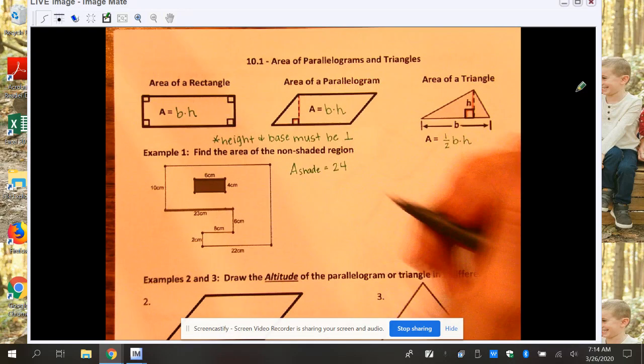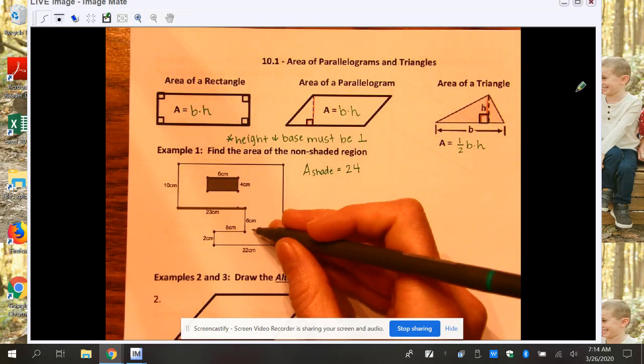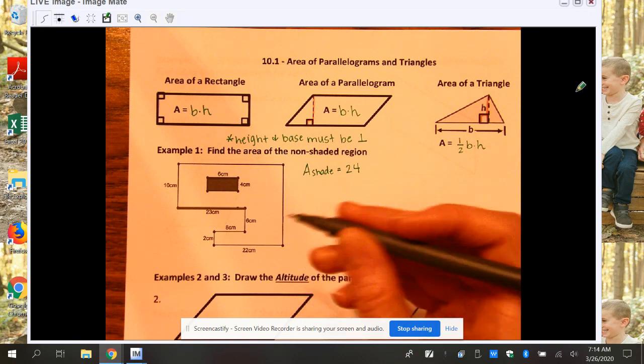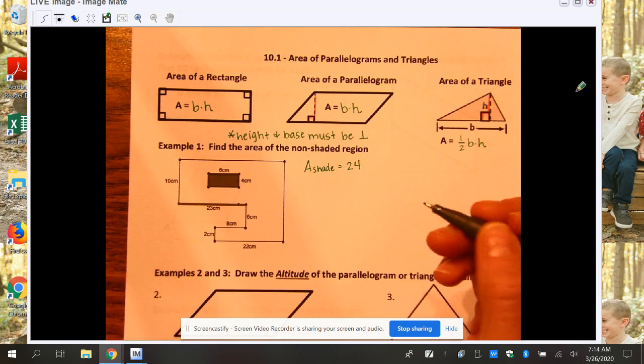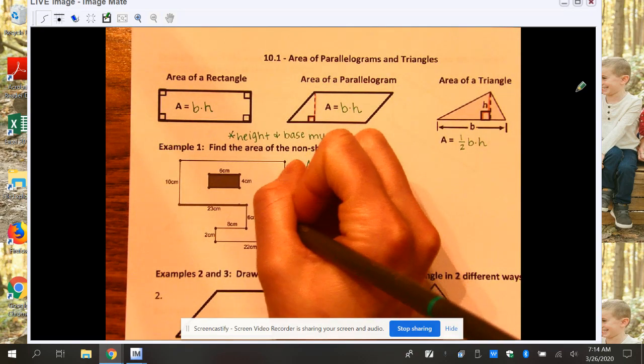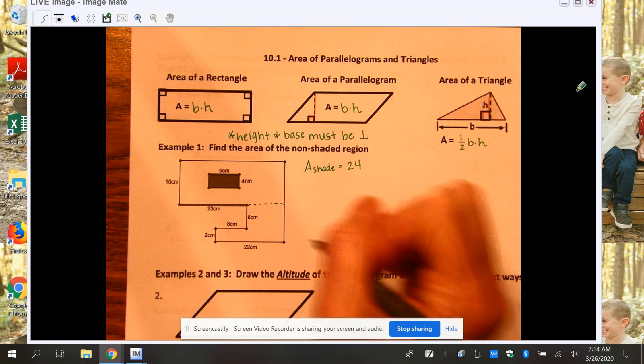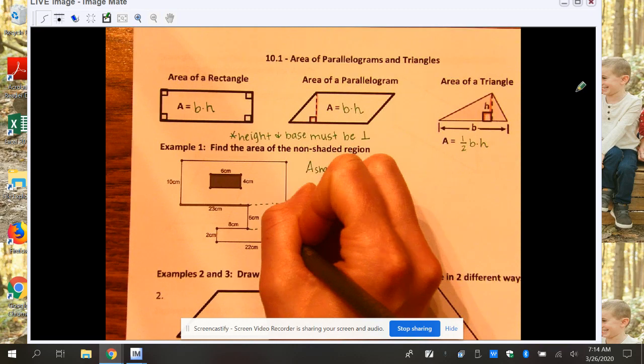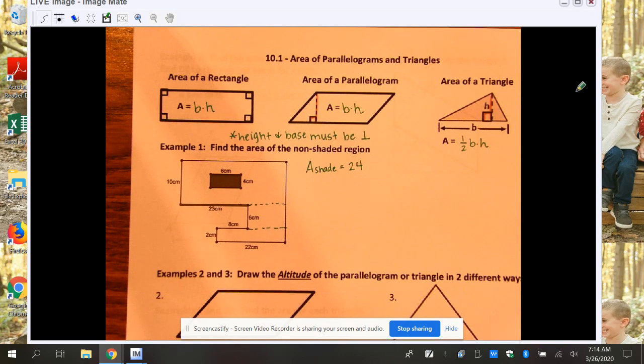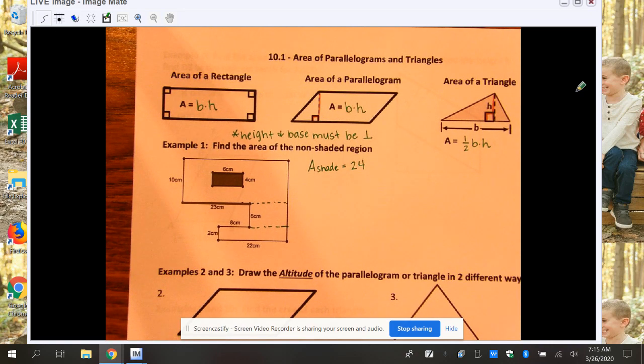So I want to think about how I could break this into several rectangles. So I kind of see taking this straight across here and taking this straight across here. And so now if I could find the area of this rectangle, and this rectangle, I can add all those together and then I can take away that 24.